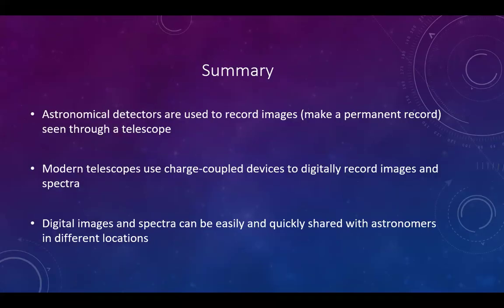So astronomical detectors, we can use them to make images, record images, make a permanent record of what we see through a telescope. Modern telescopes primarily use charge-coupled devices to digitally record images and spectra, at least for visible light. For different wavelengths, you have to use different detectors.